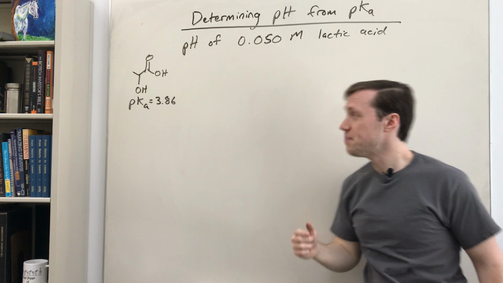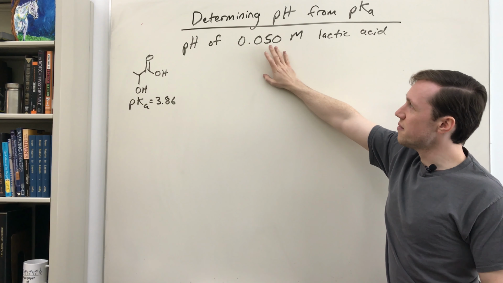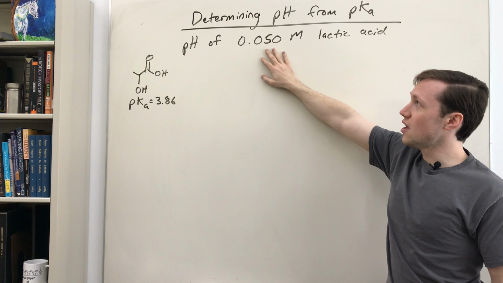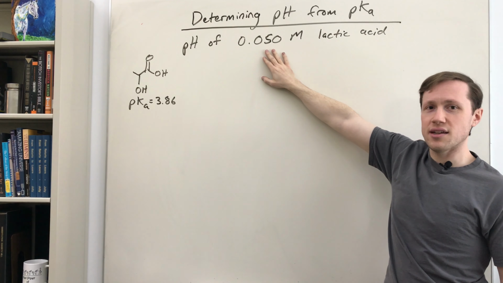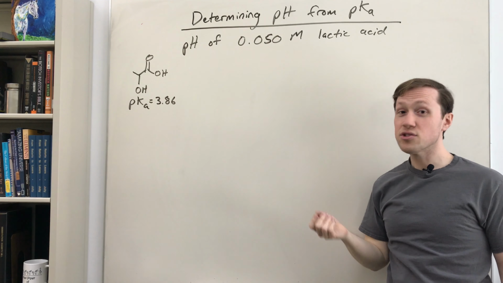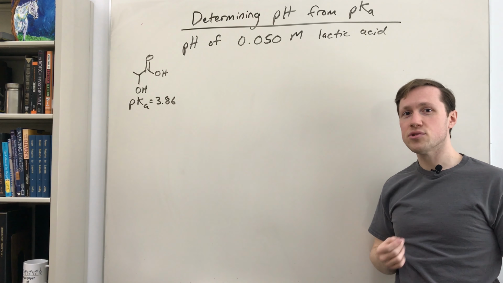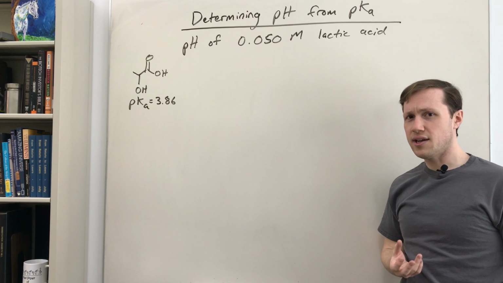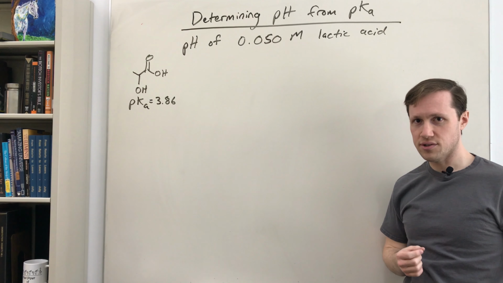You'll notice, by the way, that we're running into a lot of solutions with compounds in concentrations like this. There's a reason for that. When it comes to a lot of the equilibrium math that we're doing, it gets a little bit funky at very high concentrations.